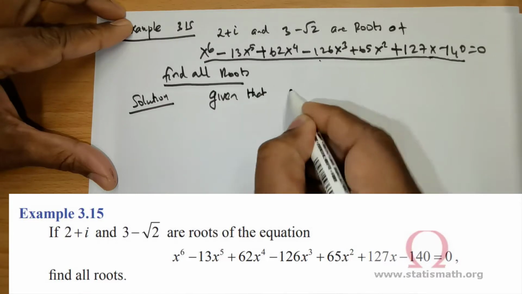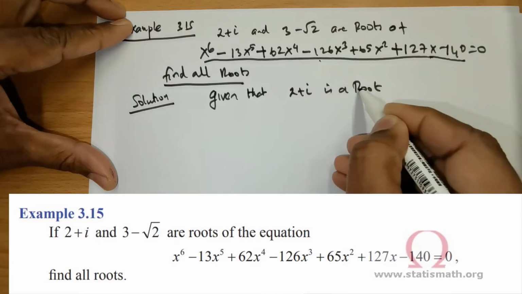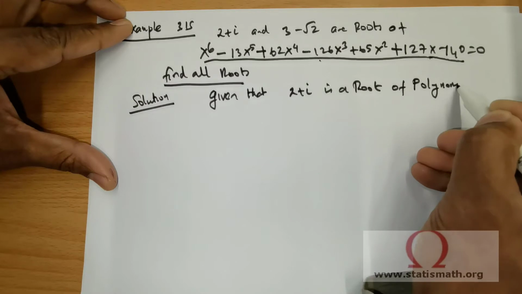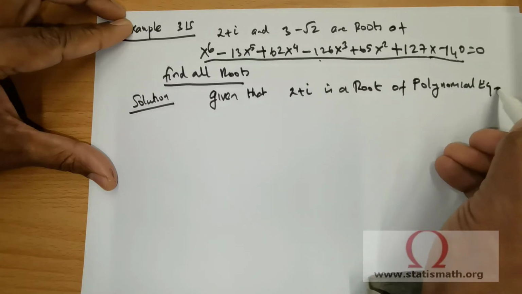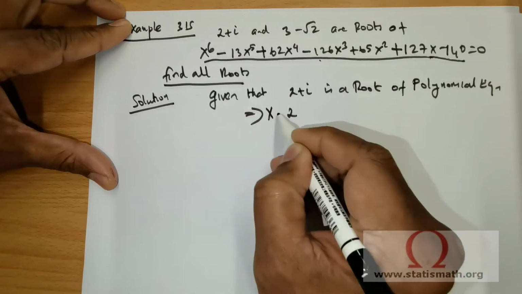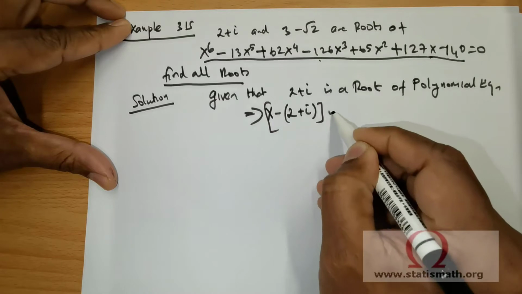Given that 2 + i is a root of the polynomial equation, this would mean that x − (2 + i) is a factor.